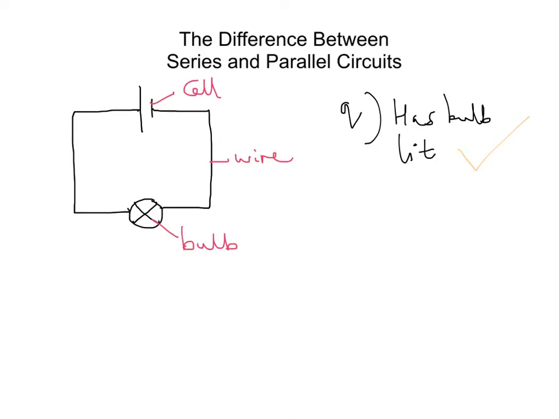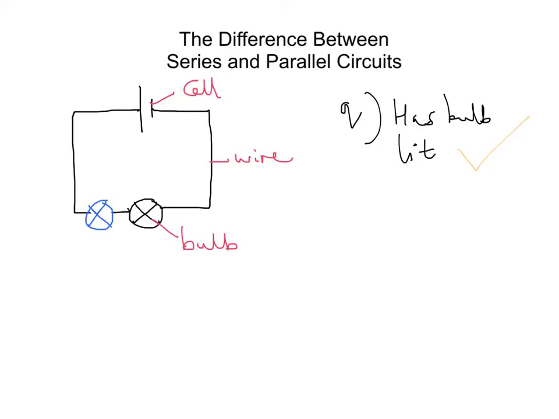We're going to put a second bulb into the circuit. So I'm going to do this in blue. We're going to add a second bulb here. So I'm going to need to knock out some of the wire. And in blue we'll put in a second bulb.